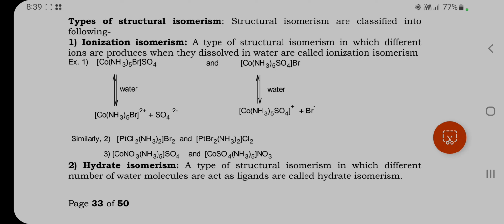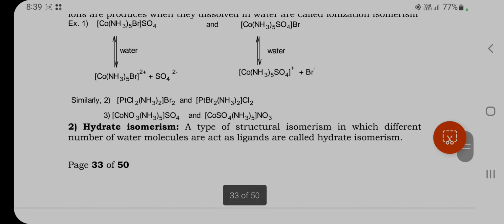Such isomers are called ionization isomers, and the phenomenon is known as ionization isomerism. That means two or more compounds having the same molecular formula undergo ionization to form different ions when dissolved in water. That's why it is called ionization isomerism.